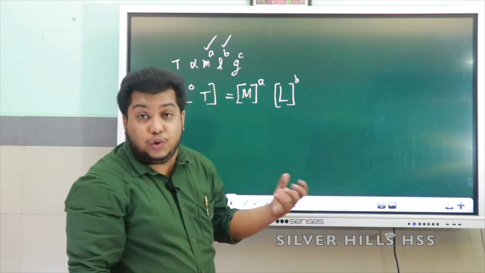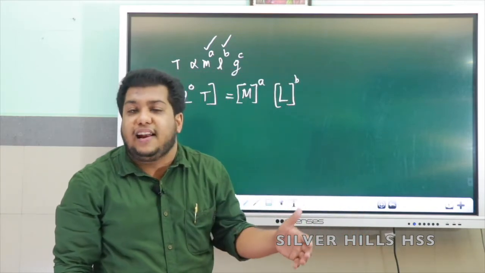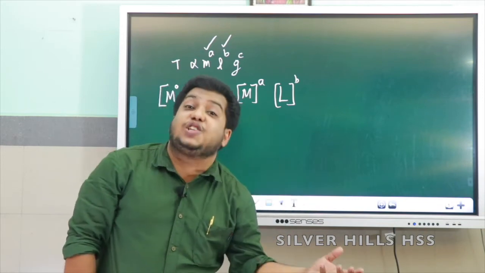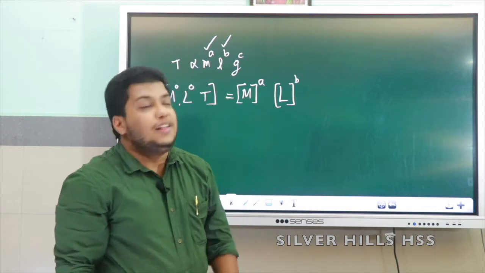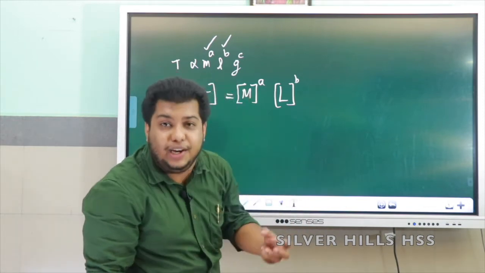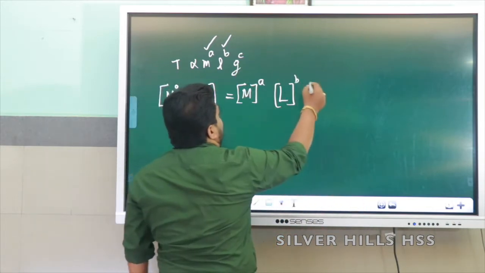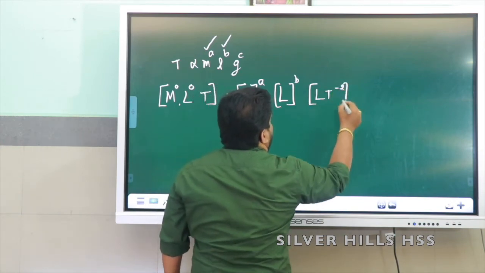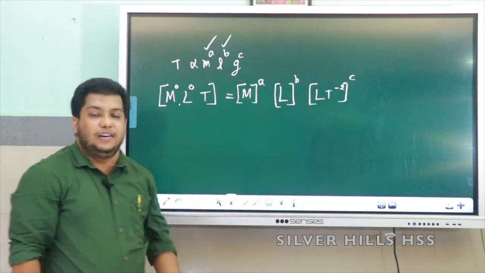What is g? g is called acceleration due to gravity. Acceleration and acceleration due to gravity have the same dimensional formula, so we can take the dimension same as that of acceleration. What is the dimension of acceleration? L T raised to minus 2, raised to c. The first step is over.